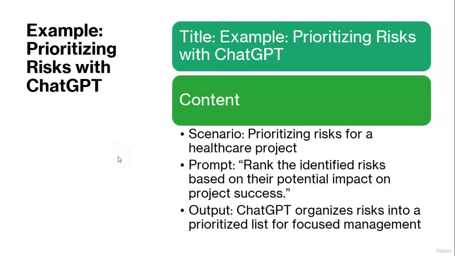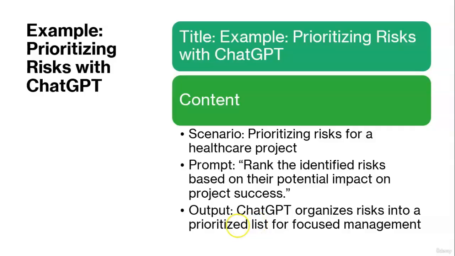Let's look at another example. Suppose you are managing a healthcare project and need to prioritize identified risks. You could prompt ChatGPT with: rank the identified risks based on their potential impact on project success, and it will help organize the risks into a prioritized list. This allows you to focus mitigation efforts on the highest priority risks first.